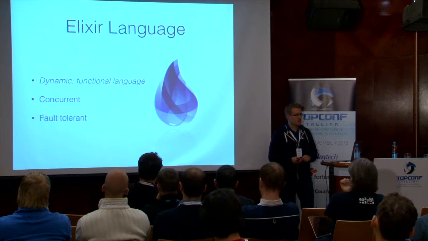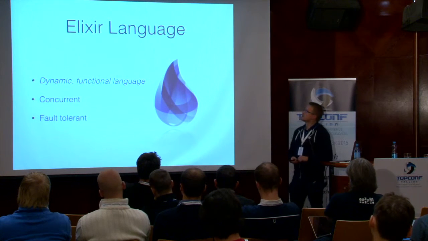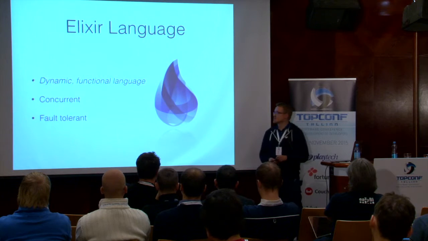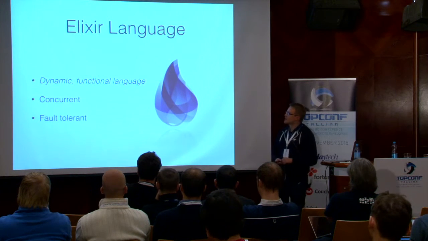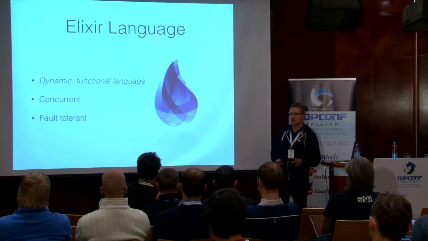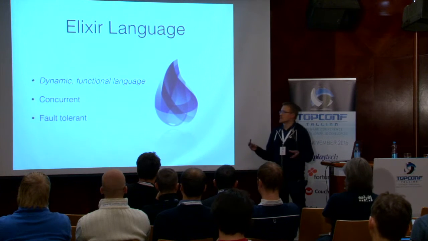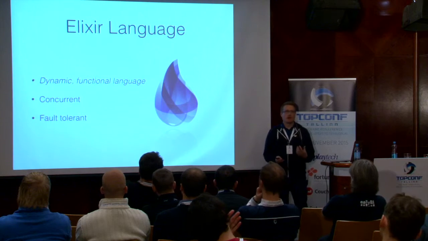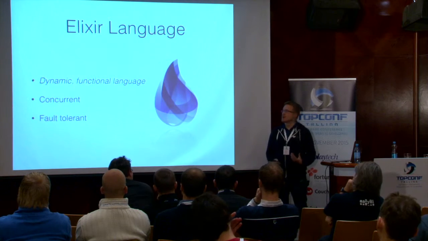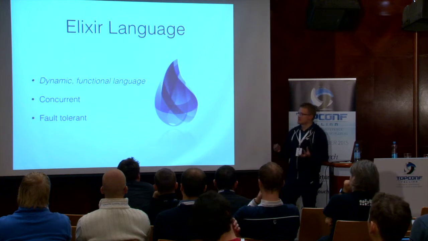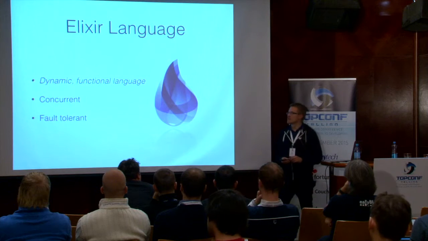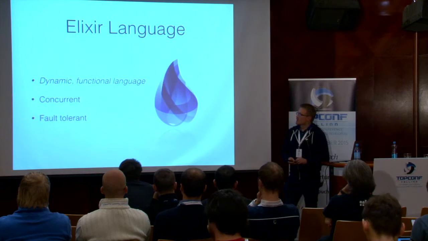I'm dividing the presentation into these three sections. I first talk about the language, so the basic language constructs, and discuss functional programming in Elixir and what kind of problems you might face when you start writing functional code using Elixir.